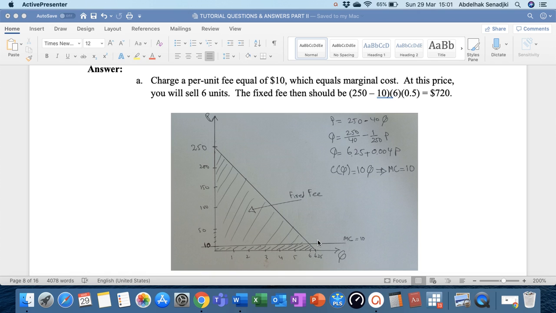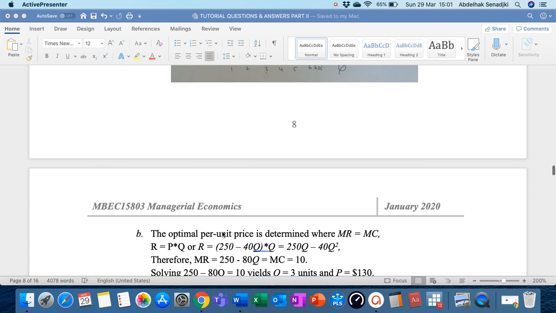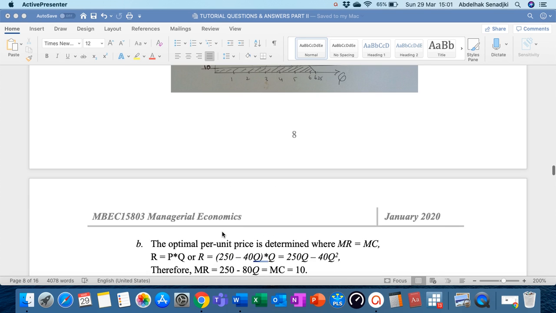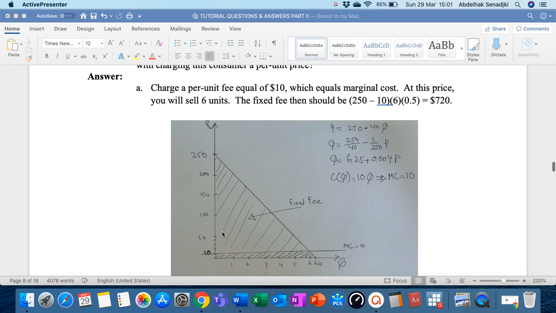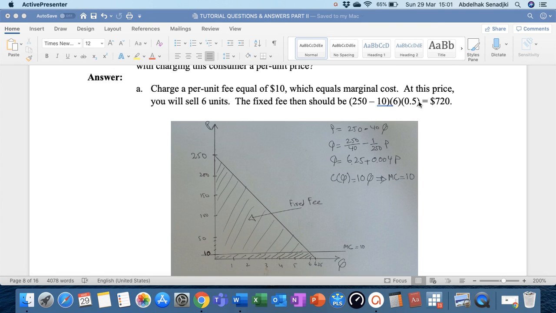It means that everyone who wants to purchase quantities from 1 to 6 should be a member and pay this fixed fee. How much is the fixed fee? Equal to 150 minus 10 times 6 minus 0, and times half because it's a triangle. Therefore it will equal how much? 720.